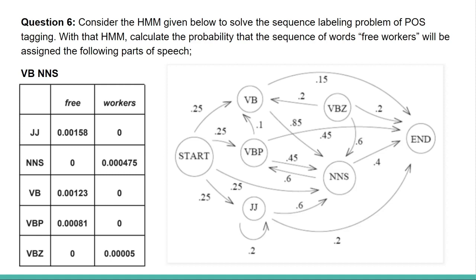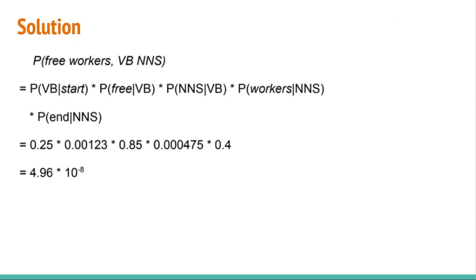Let's discuss the solution. What is the probability of the sequence of words "free workers" being assigned the tags VB and NNS? Here it is the product of these probability terms.